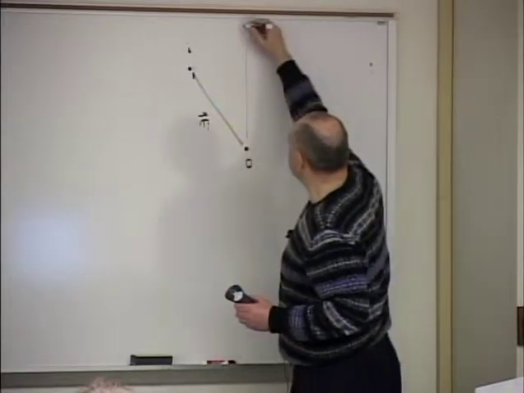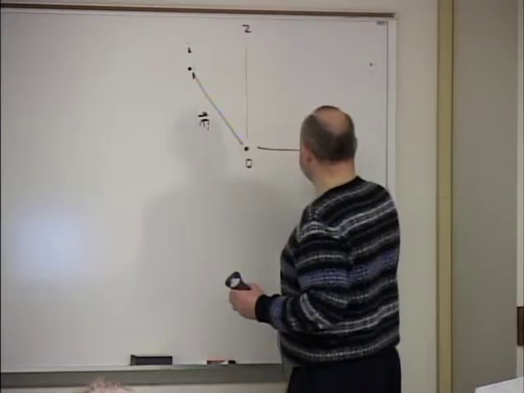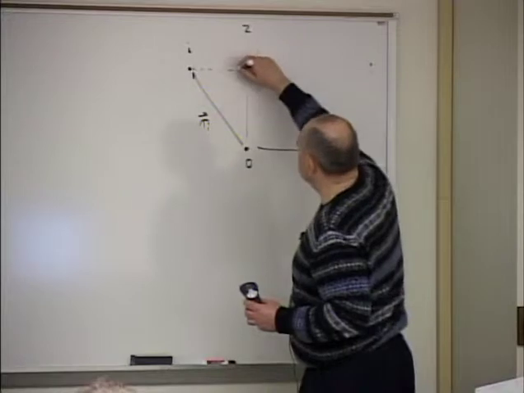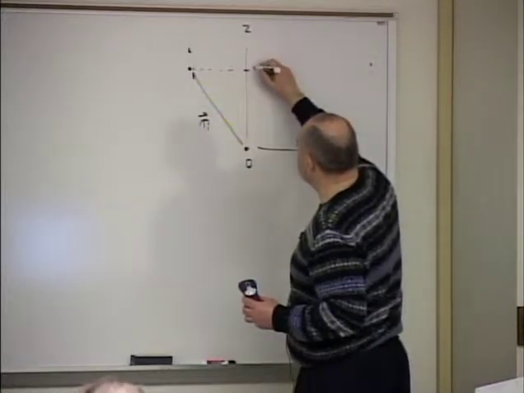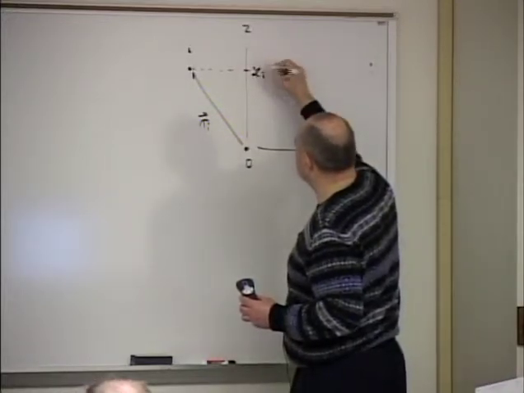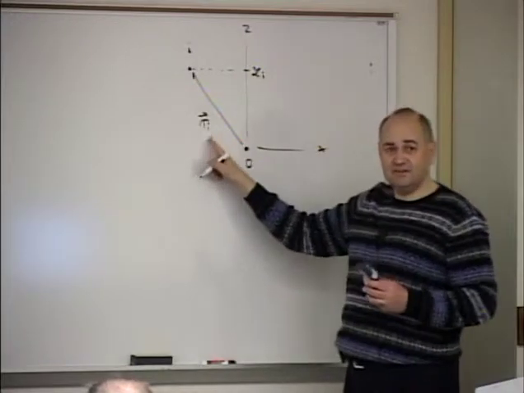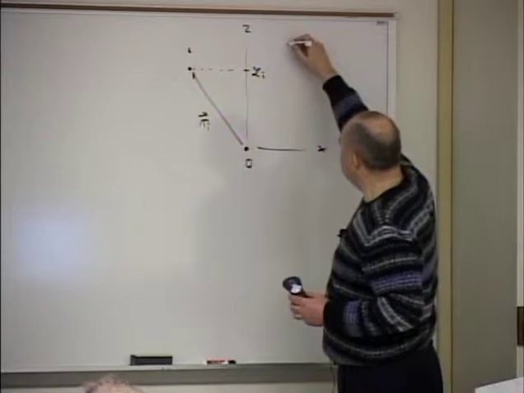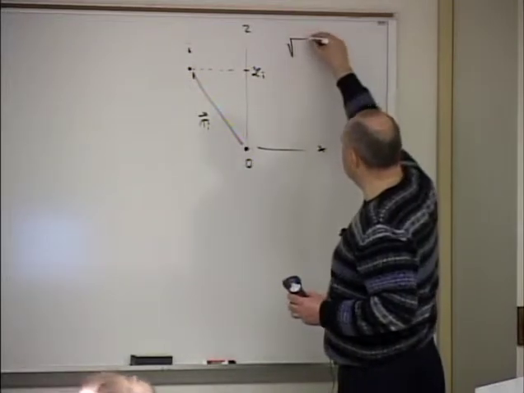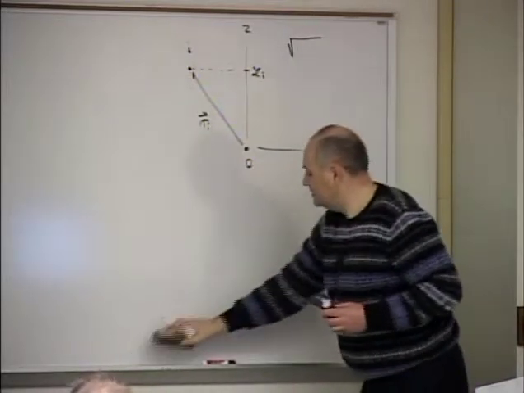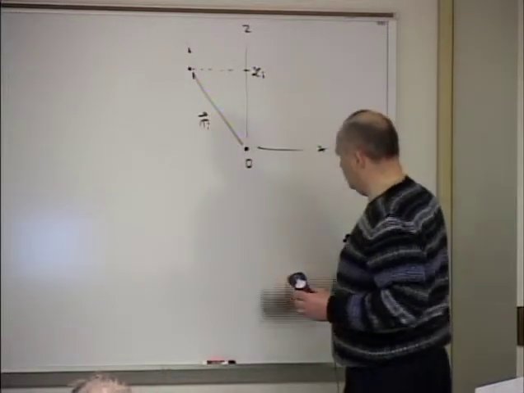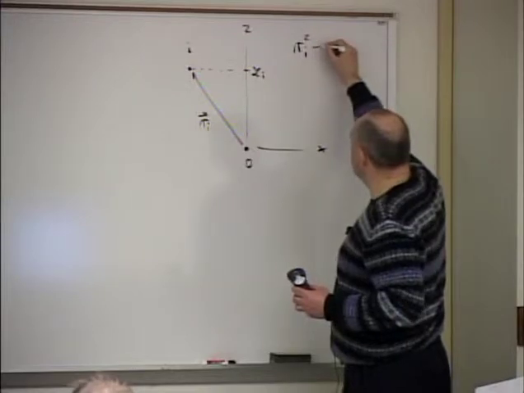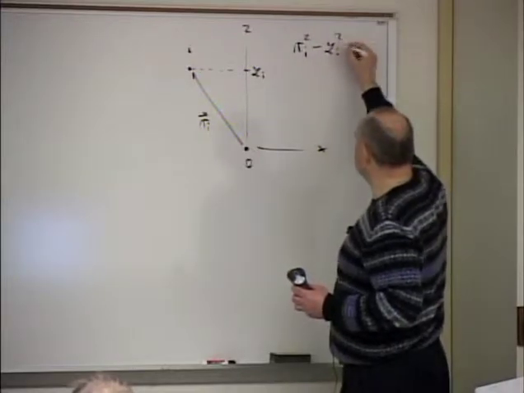Now let's make this the axis z, with x and y toward us. So Zi is over here, and this is the z component of this vector. Think now, what am I going to get if I take the difference, Ri squared minus Zi squared?